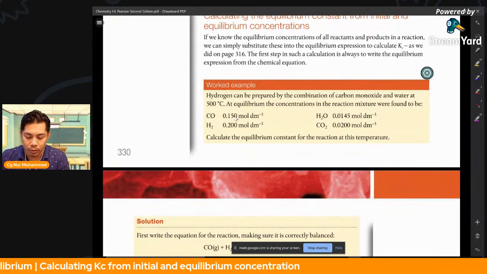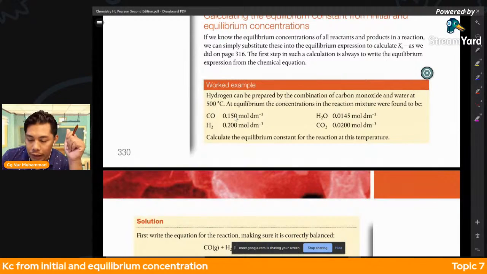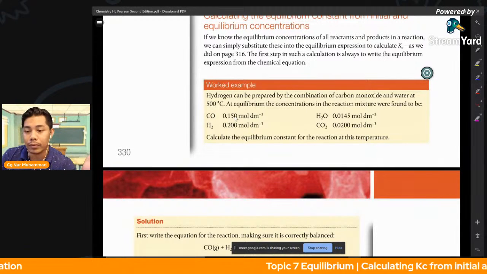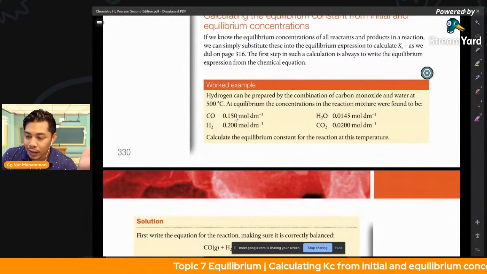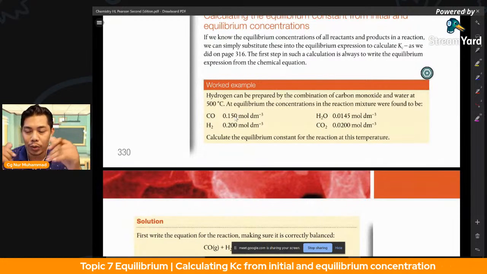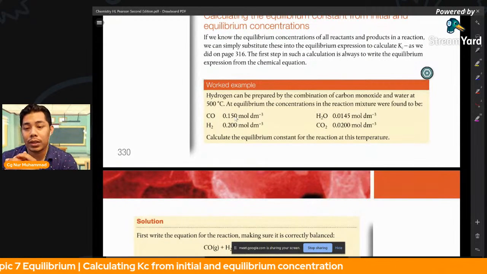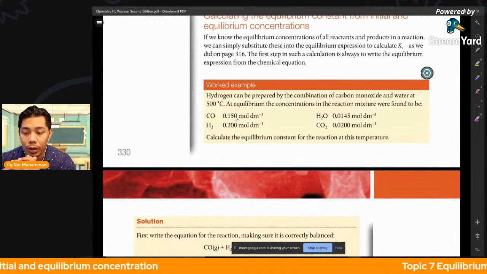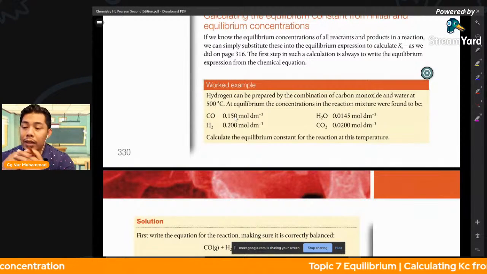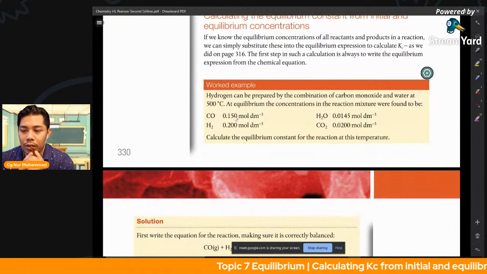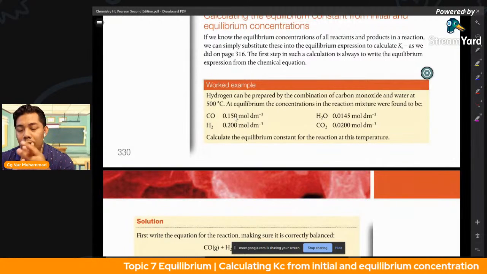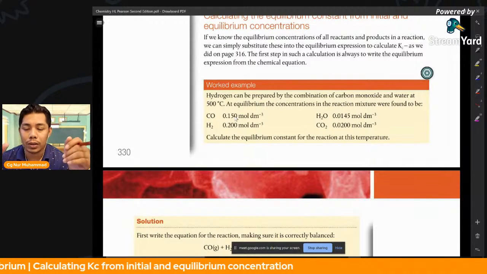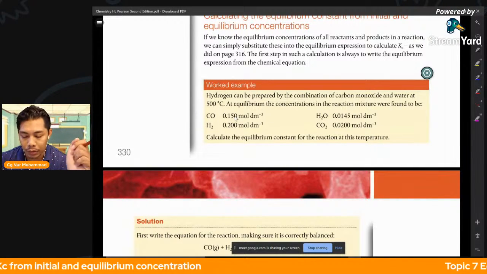Okay, so from the question, you don't get confused about the concentration. There are two types of concentration. First we call initial concentration, second concentration at equilibrium. Boleh faham? During the chemical reaction we have an initial concentration, which is the concentration before achieving equilibrium. And the other one we call equilibrium concentration, meaning the concentration after reactant and product achieve equilibrium.